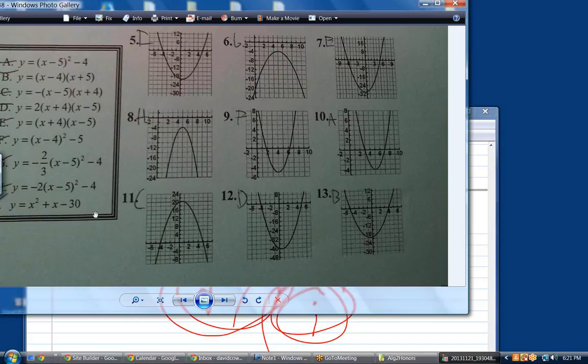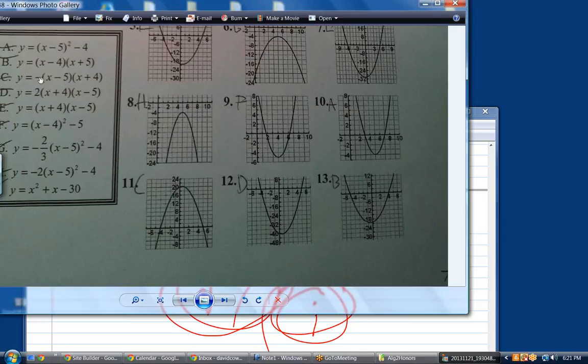It's got to open down also, because that negative sign in front has to be down. Oh, it's 11. Okay. And number D, 2 times x plus 4 times x minus 5.